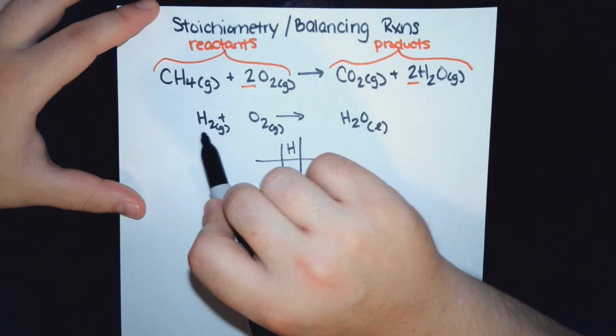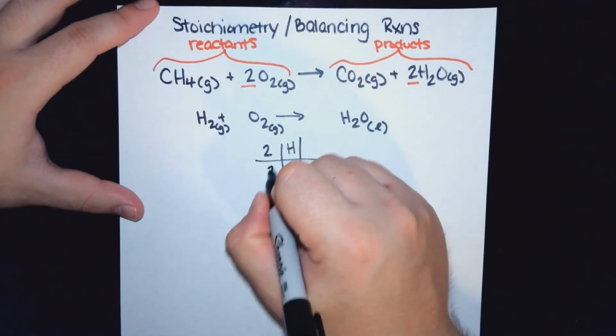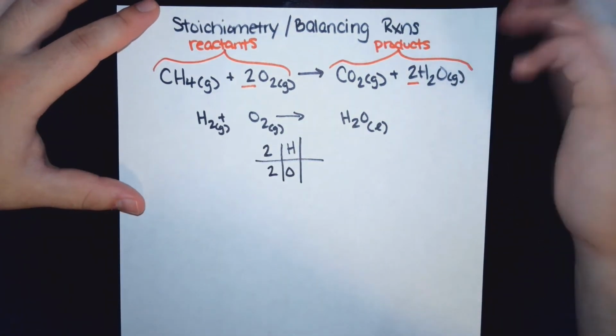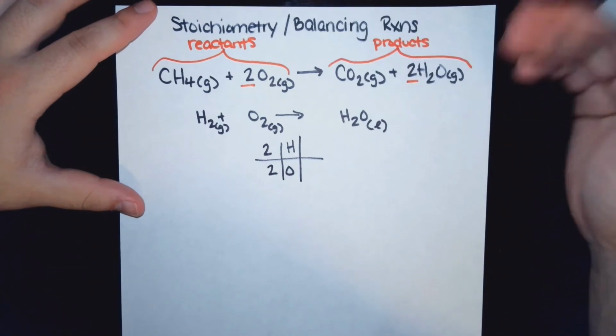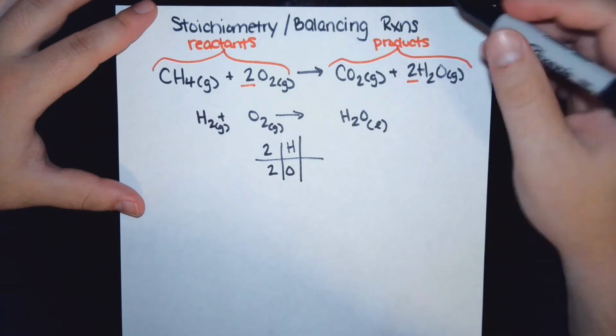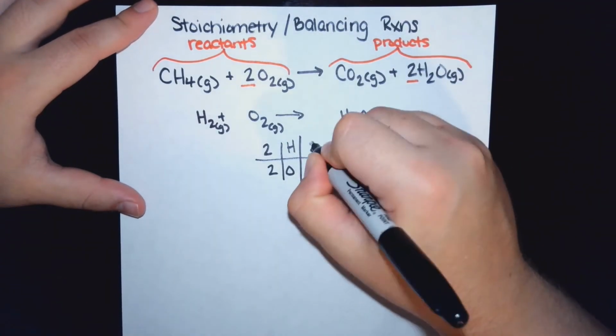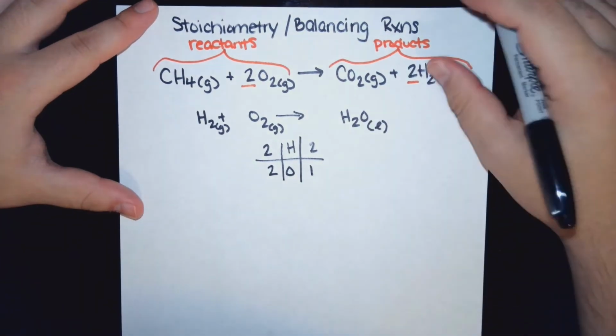Currently we have 2 hydrogens and 2 oxygens, and you see those from the subscripts, right? Since there are no coefficients yet, it's just the subscripts, because you always multiply the coefficient by the subscript. On the product side, we have 2 hydrogens and 1 oxygen.